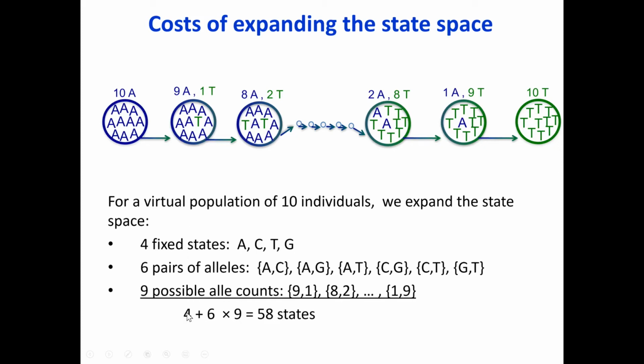So the total size of that state space is the 4 fixed states and 6 times 9 polymorphic states. That's 58 states. That's about the size of a codon model. So if you can use codon models to infer phylogenies, you can use polymorphism-aware phylogenetic models.